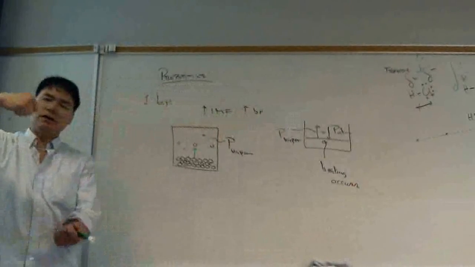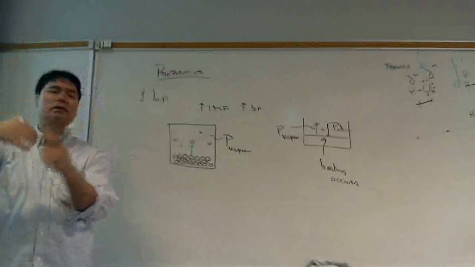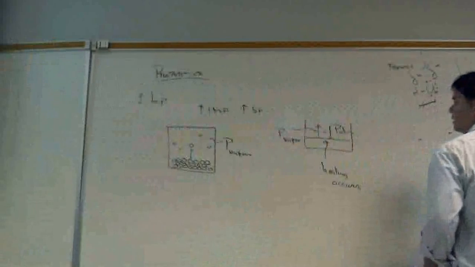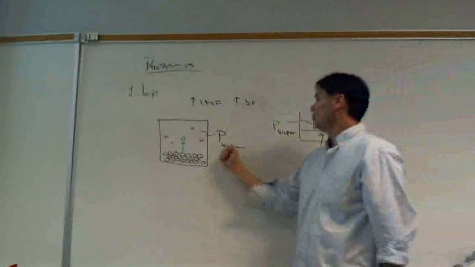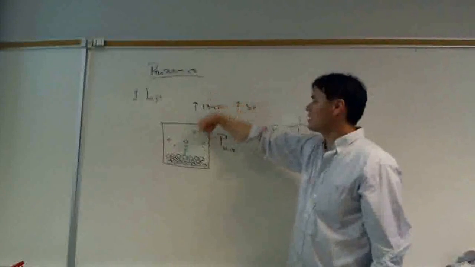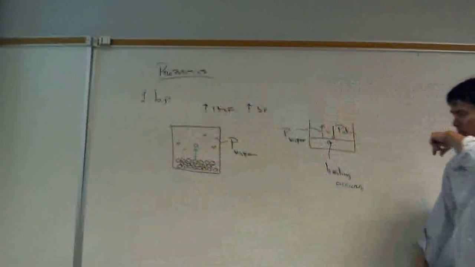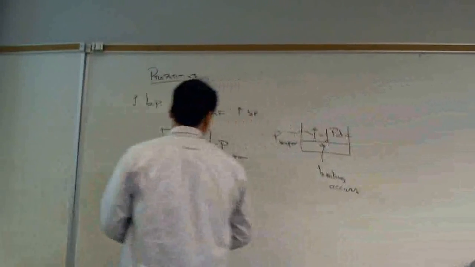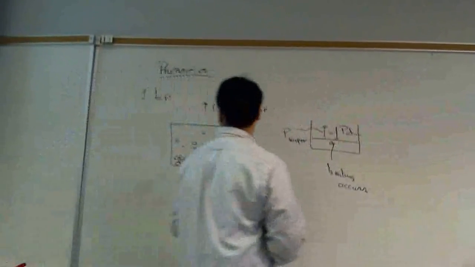You have molecules pushing up, atmosphere pushing down. When those are equal, boiling occurs, and it can occur freely and spontaneously. Whereas when the atmospheric pressure is high, it contains the vapor. We're going to come back and talk about this in a moment.